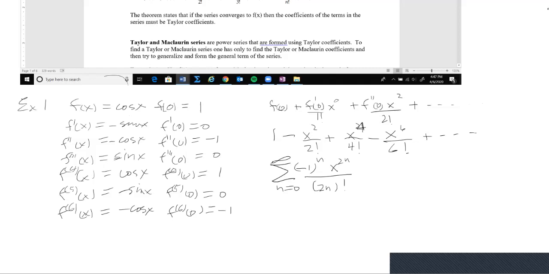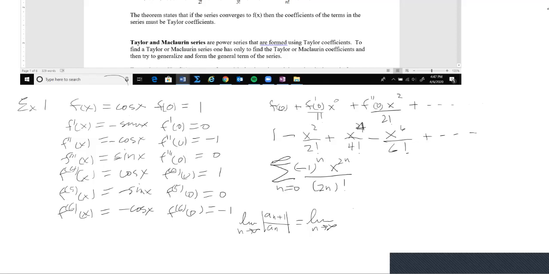Okay, now in this case, we want the interval of convergence, so let's check that. First of all, we find the limit of that ratio. This would be this limit. I'll ignore the negative signs here.